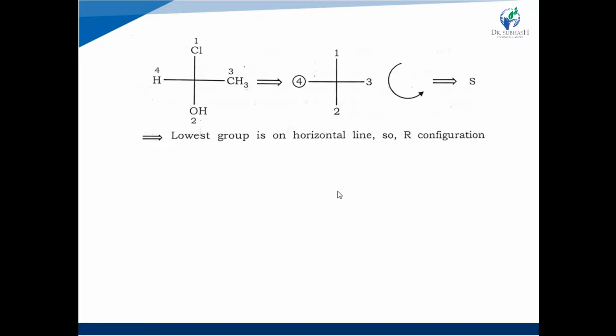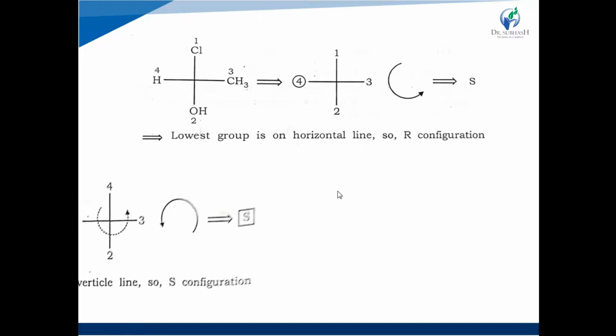But see in this example, the lowest priority group is present on a horizontal line, right? So it becomes the R configuration, right? When this group is rotated to keep the lowest priority group out of the plane or away from us, the configuration is changed and it becomes R configuration, right?